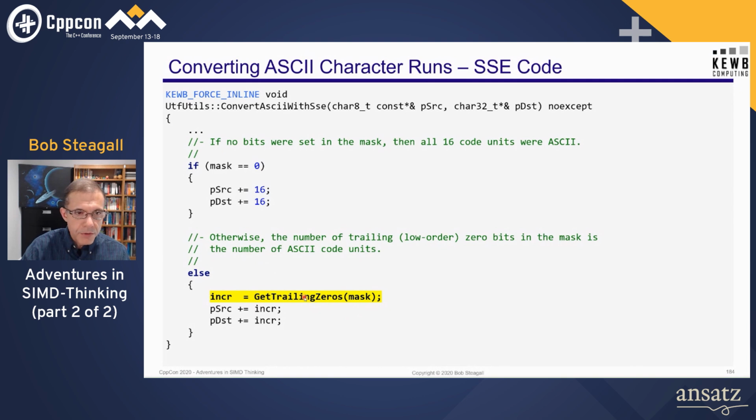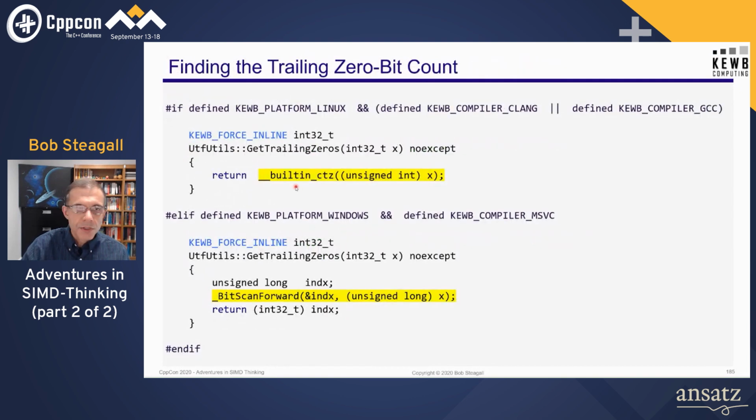So we call another intrinsic, a function I wrap called getTrailingZeros, that calls different built-ins on different compilers. On Linux, with Clang and GCC, it's built-in count trailing zeros, and on Windows, it's bit scan forward. But basically what these things do is they start at the lower bit and count the number of zeros until they come to a 1.